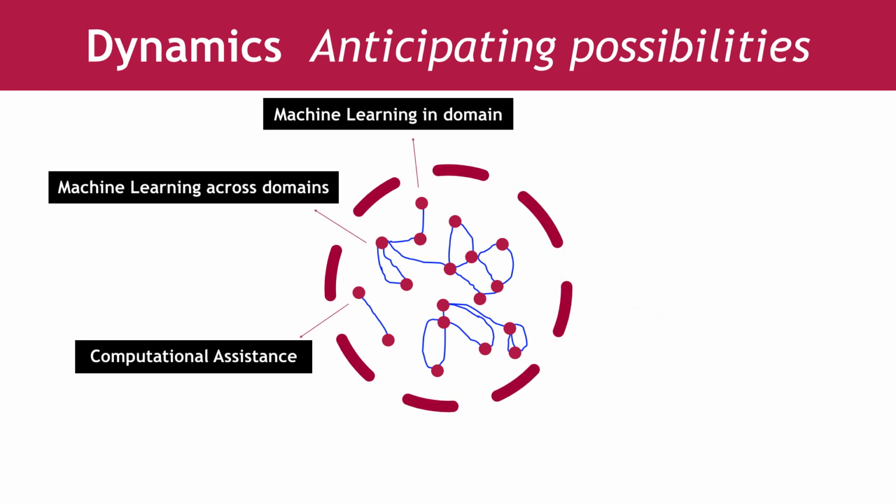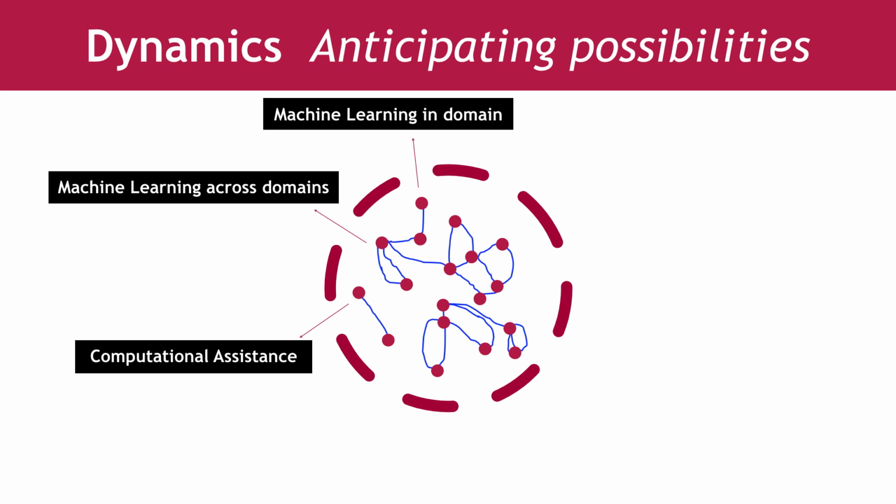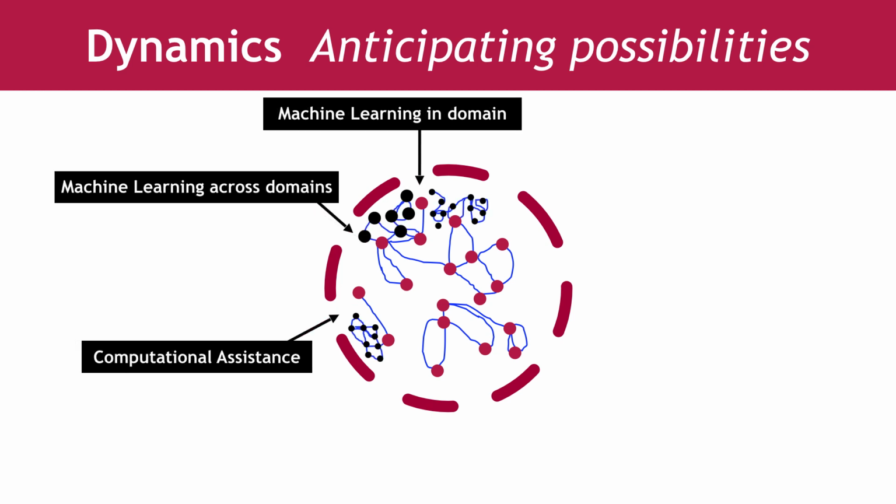But when we are introducing things like machine learning in a domain in which the machine learning brings back richer, more nuanced, more fine-grained understanding of the domain, machine learning across domains where there are now new associations between this domain and others that we didn't know maybe were related, and then things like computational assistance, where an actor specifies some preferences and the machine goes out and creates a whole bunch of permutations that suit those criteria and brings that back as new information, things like this are injecting a different nature to the design.